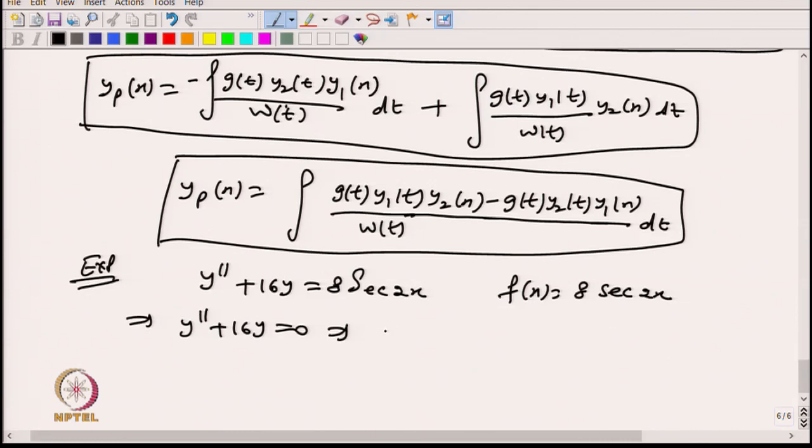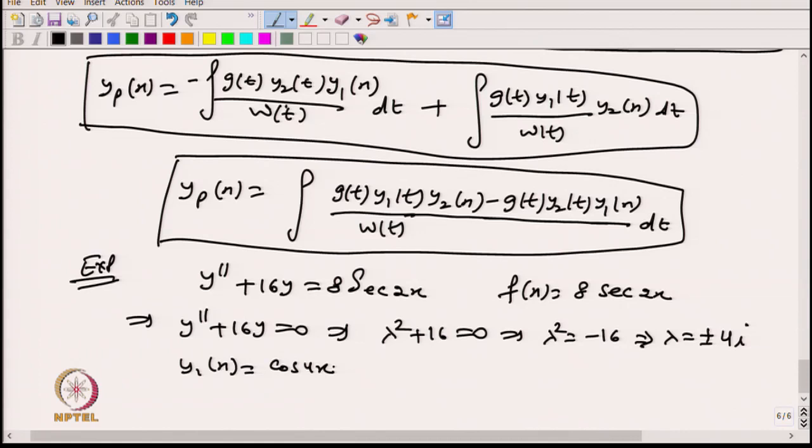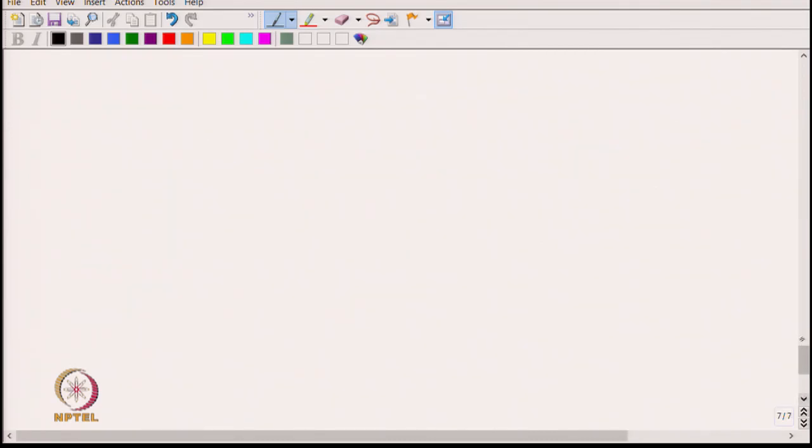From here the characteristic equation will be lambda square plus 16 equal to 0, so lambda square is minus 16 and lambda is equal to plus minus 4i. So, my y1(x) will be cos 4x and my y2(x) is sin 4x, because these are the solutions we use to find the complementary solution.